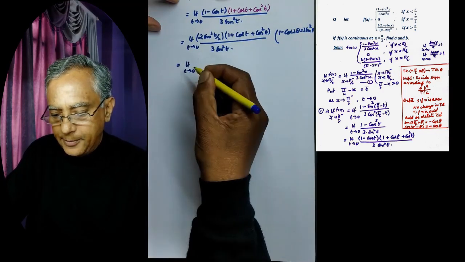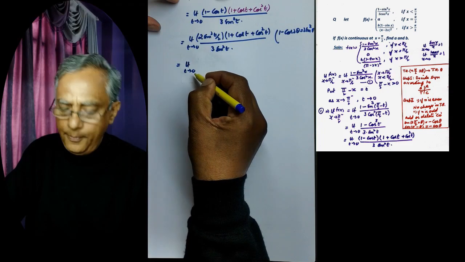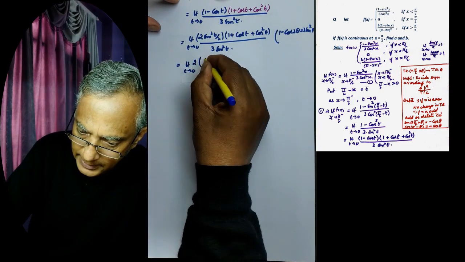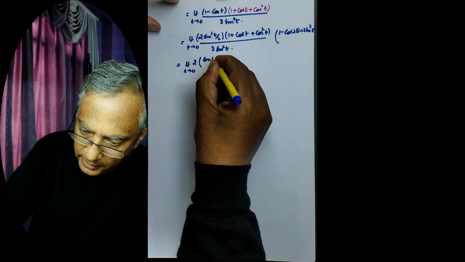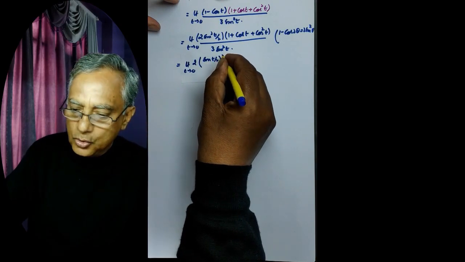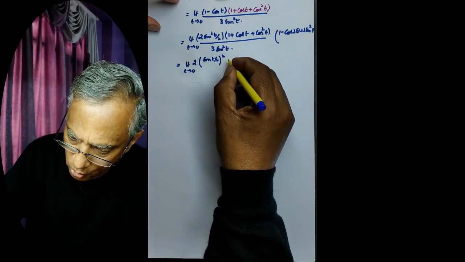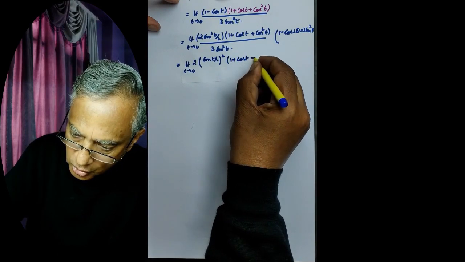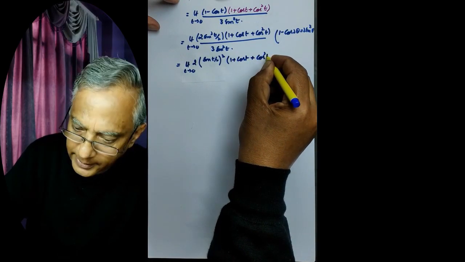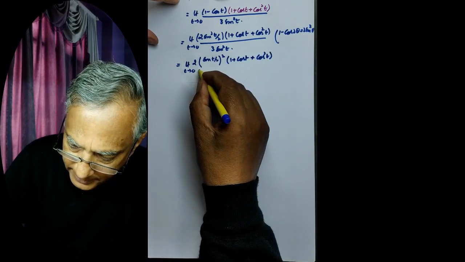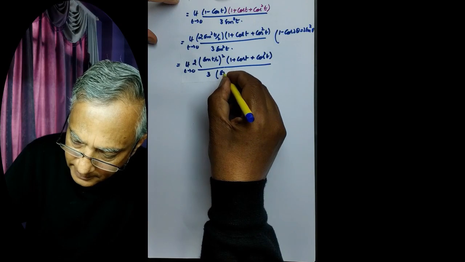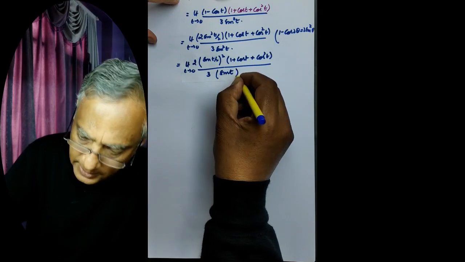Now this can be written as limit t approaches 0, 2 into sine t by 2 whole square into 1 plus cos t plus cos square t, whole divided by 3 sine t whole square.